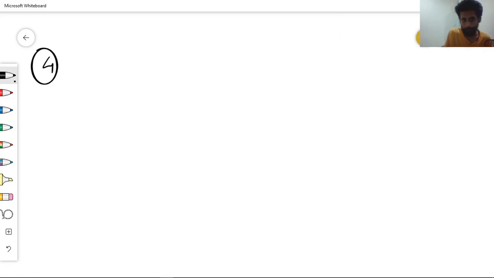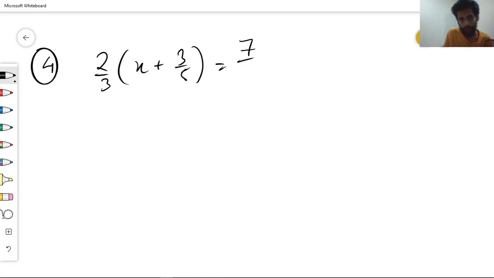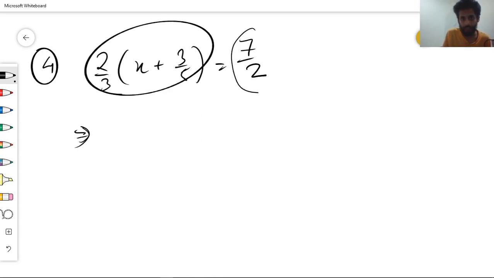Question number 4: 2 by 3 (x plus 3 by 5) is equal to 7 by 2. In this case we will treat this as a whole term because it is multiplying here, and this as a whole term. Now we have to find the LCM of this and this, not the inside part, the outside part.